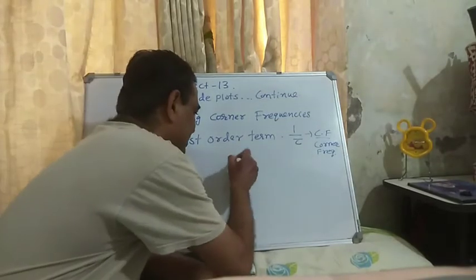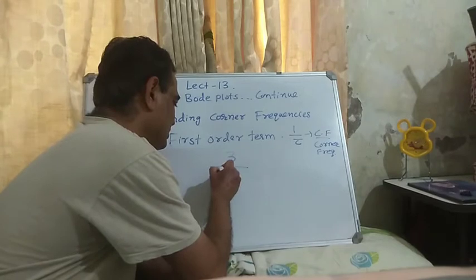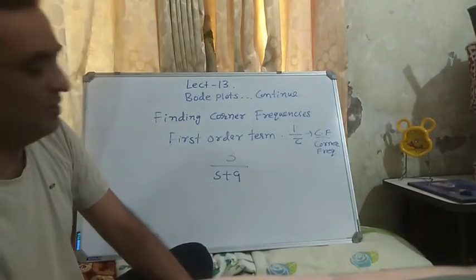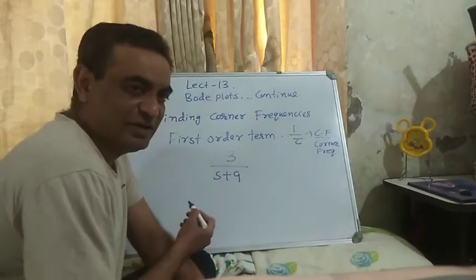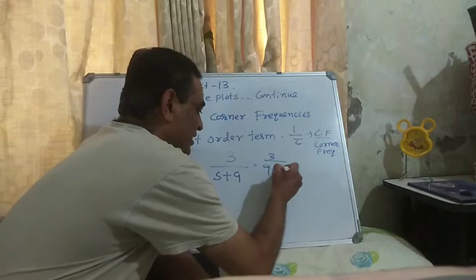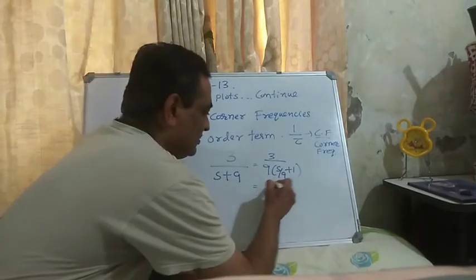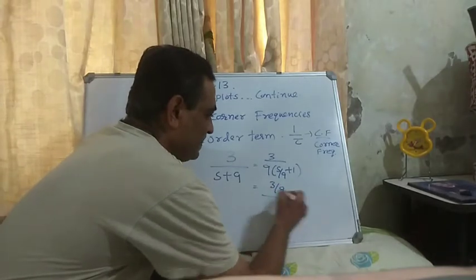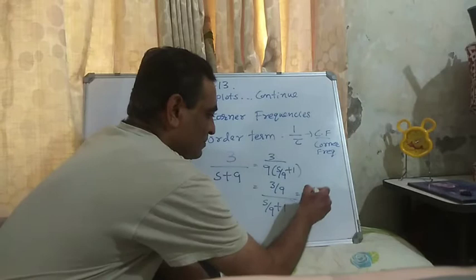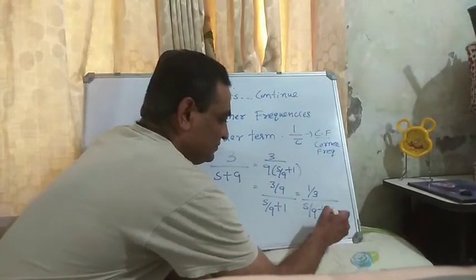So let's say 3 upon s plus 9. Now I need to convert it into time constant form. So 3 upon 9 times s by 9 plus 1. This is nothing but 1 by 3 divided by s by 9 plus 1.